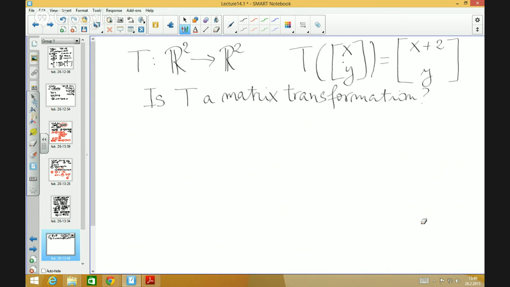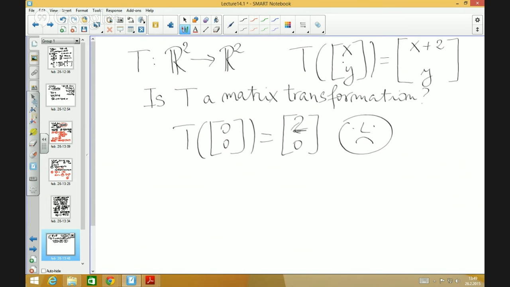Absolutely. Your colleagues here are saying, well, a matrix transformation always maps the zero vector to the zero vector. This one, if I feed it with the zero vector, it will return the vector 2, 0. So, not linear.